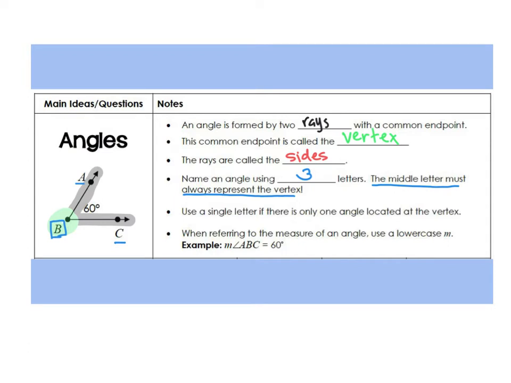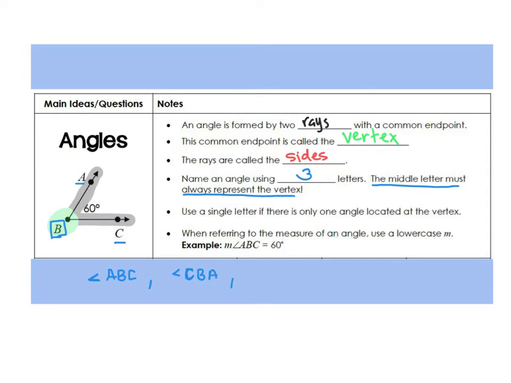Now, since I'm here, I will go over it again in a different slide, but might as well go over it now. I can name this angle. And if you notice this little symbol, it kind of looks like the less than symbol. That represents angle. I can call it angle ABC. I can also call it angle CBA.